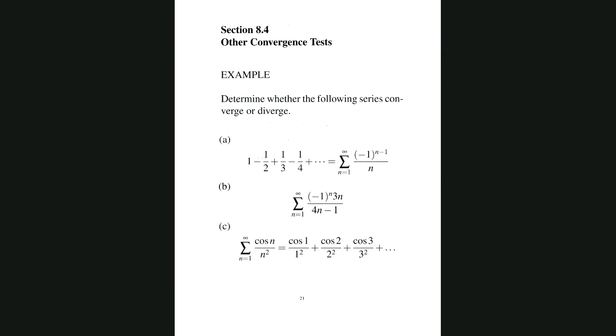So now we're on this series here. Does this series converge or diverge? So what I'd like you to do is make sure your calculator's in radian mode. Compute the cosine of 1 over 1 squared.